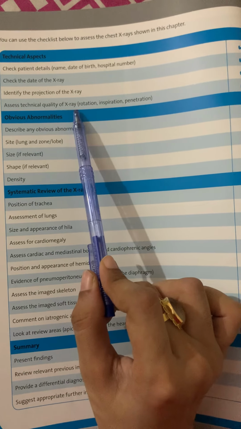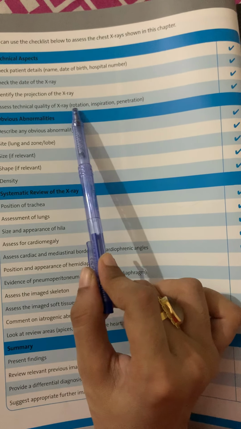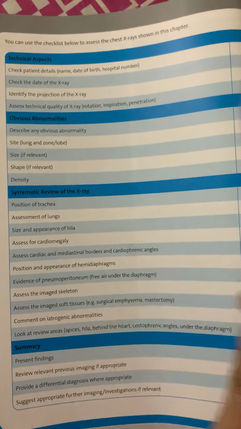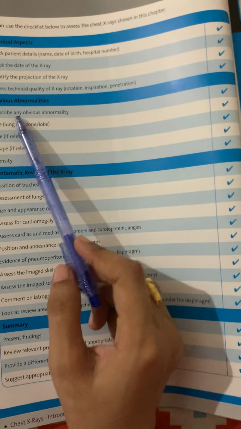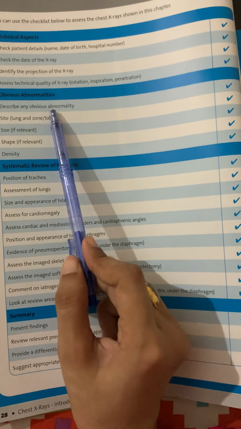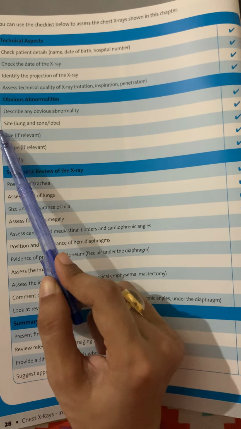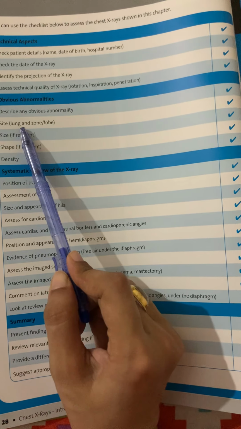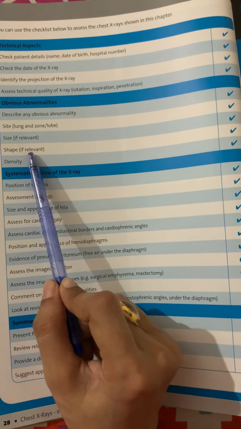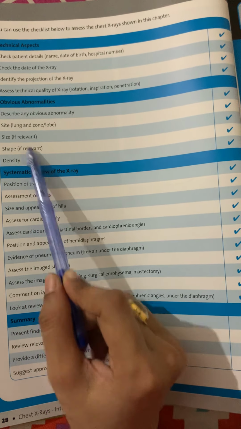Then assess technical quality of the X-ray, that is RIP: rotation, inspiration, and penetration. Then you will look for the obvious abnormalities. Describe any obvious abnormality. Describe its site, which lung and which zone or lobe, size if relevant, shape if relevant, and density of the lesion.